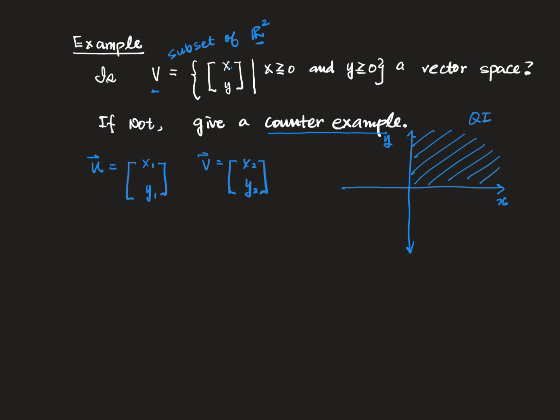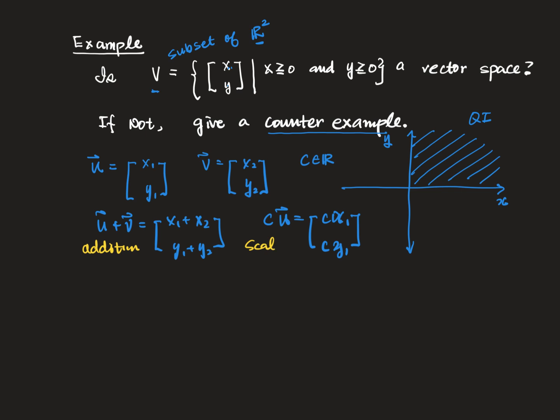Addition: u plus v is you add each element, right? How about scalar multiplication? c is a real number. You define cu as (cx1, cy1). That's how you defined addition, guys. This is addition. Here is scalar multiplication.